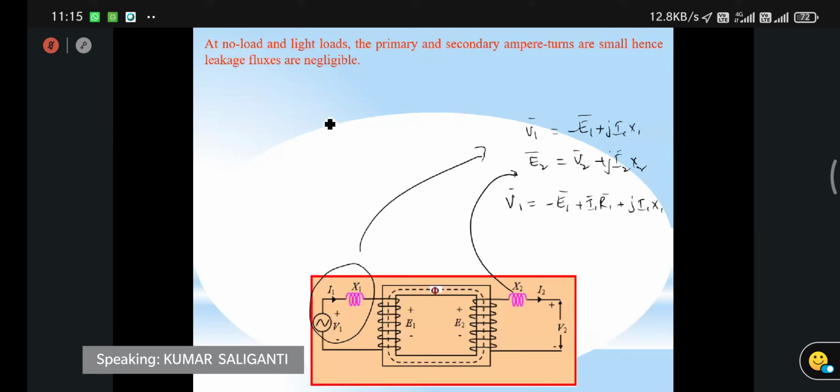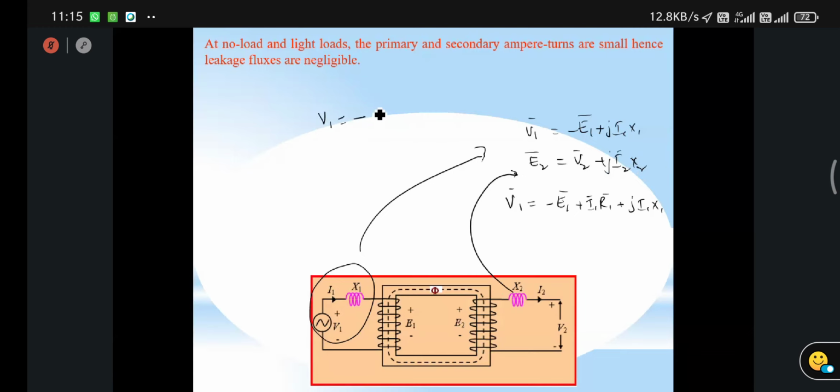If there is no leakage flux, V1 equals minus E1 plus I1 R1, but if the leakage flux is considered, then the reactance comes into the picture. That's why I have added this term here, and similarly for E2.